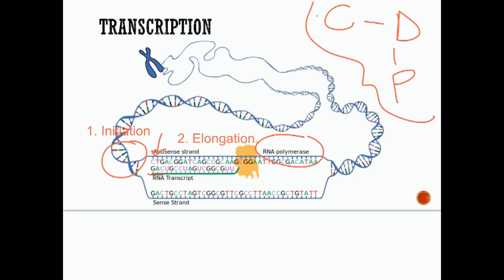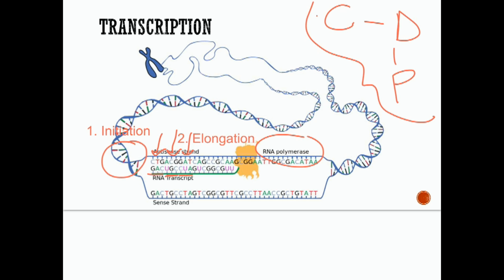Next, on the DNA, you can see ACG, and UGC would be its complementary in RNA. Okay, next in the DNA, you see GAT with CUA in RNA. So it's going to go through and match up the RNA with the one side of the DNA strand.